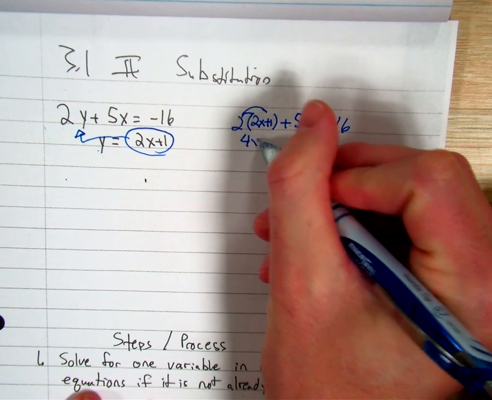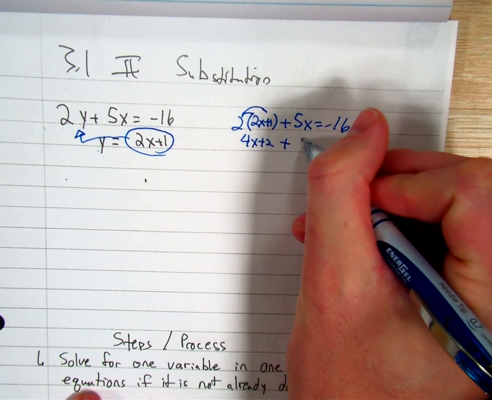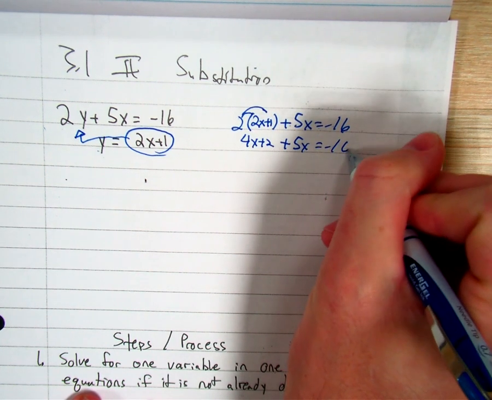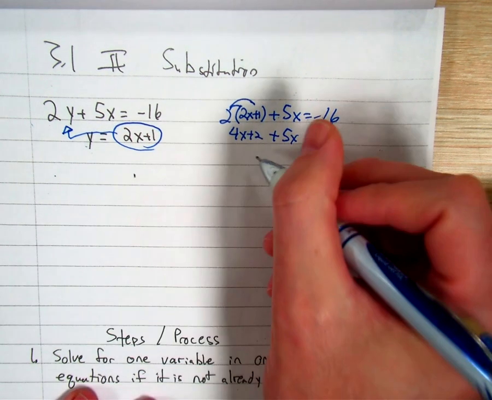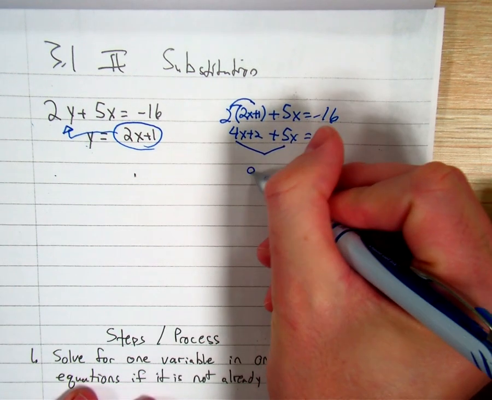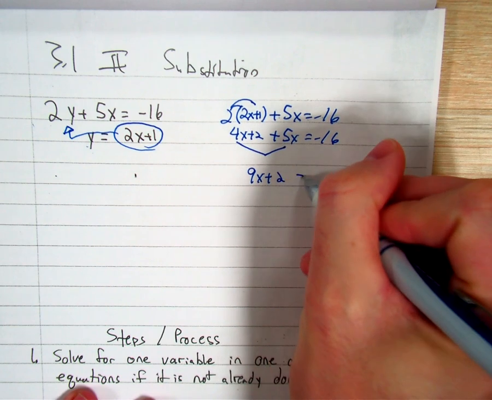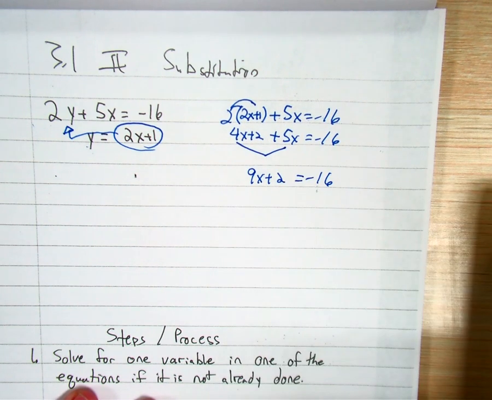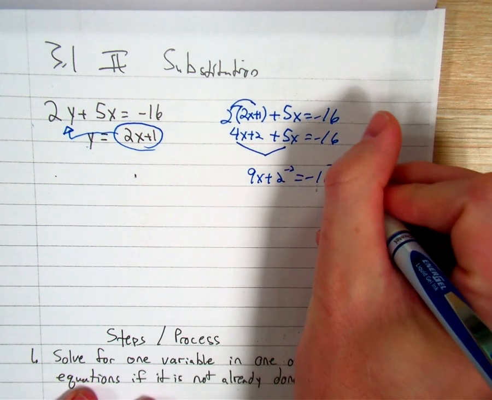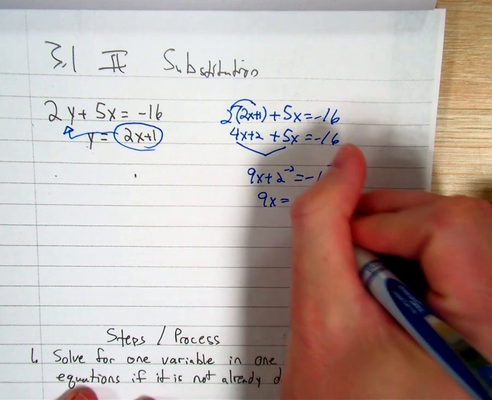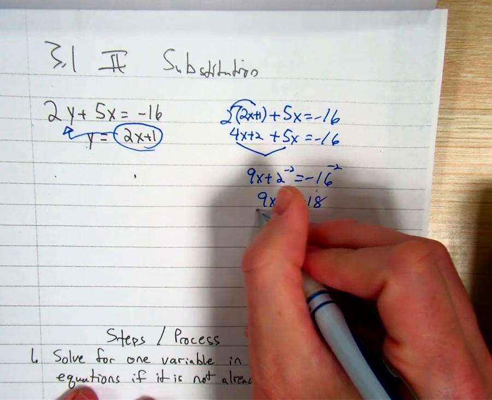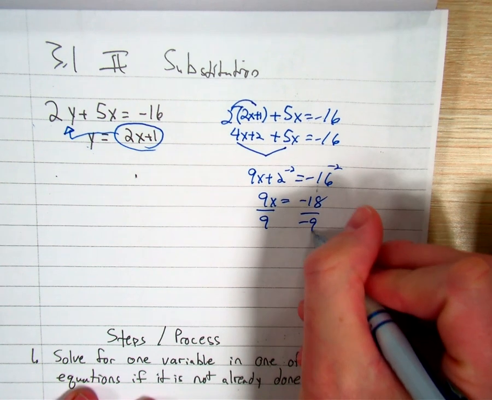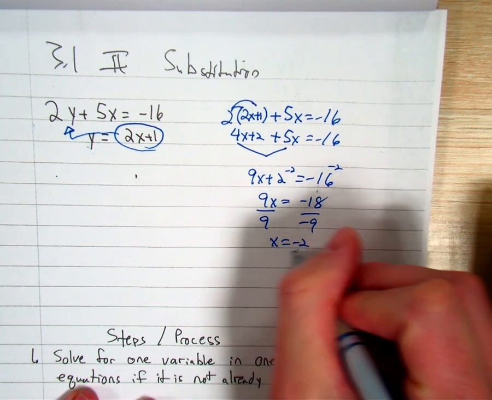So we got 4x plus 2 plus 5x equals negative 16. We're going to put our x's together. That's going to be 9x plus 2 equals negative 16. Subtract the 2 over. 9x equals negative 18. Divide by 9. X equals negative 2.